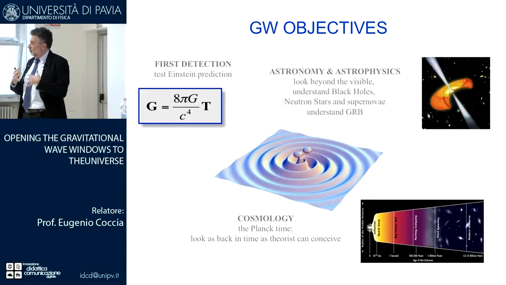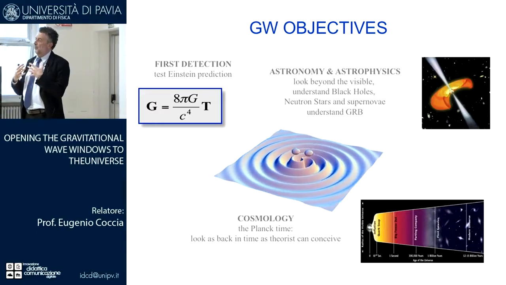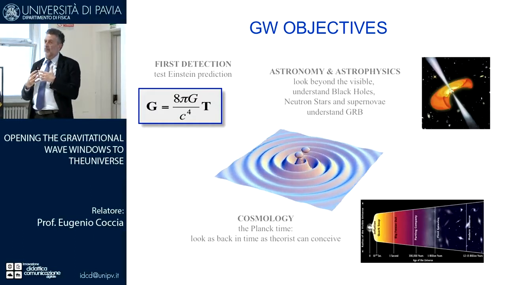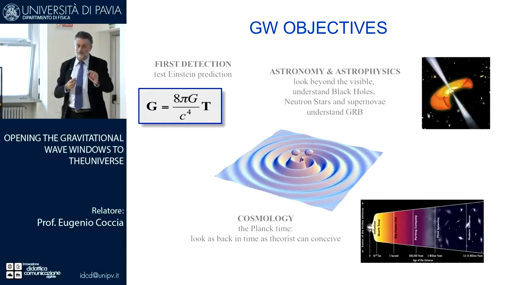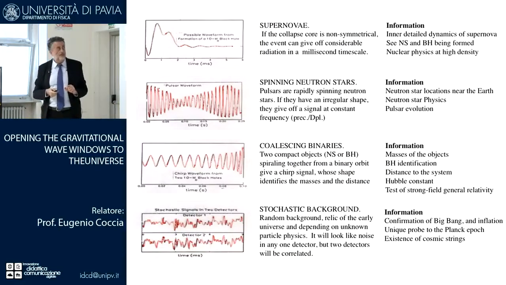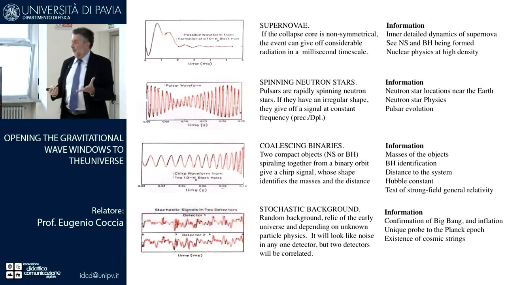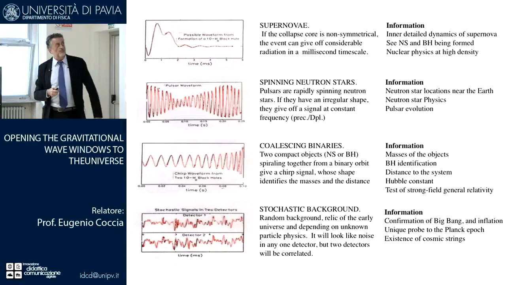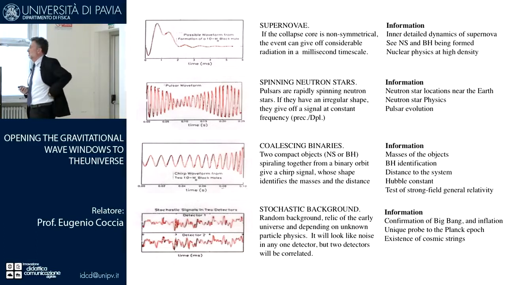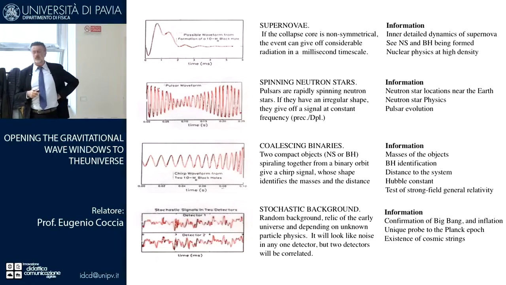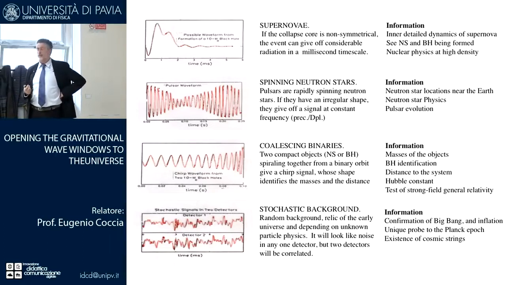So if we are able to detect a background in gravitational waves, we have an approach to really get to the Big Bang. This will be very difficult, and we are not ready to detect this background. So we have focused the attention of the data analysis on the astrophysical sources.